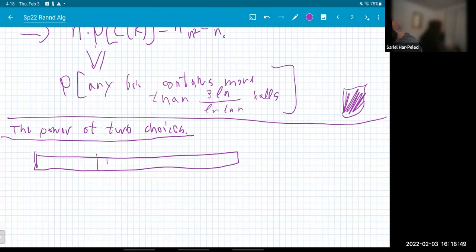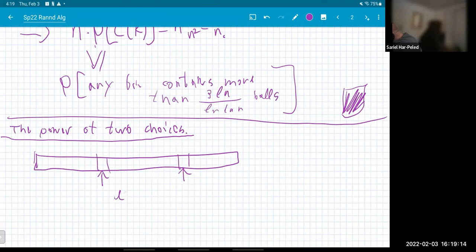So the power of two choices says, okay, when you throw a ball, choose randomly two bins, and then throw the ball into the bin that is emptier. By emptier, I mean has fewer balls, right? So it turns out that if you do this, one needs to work hard to prove it.